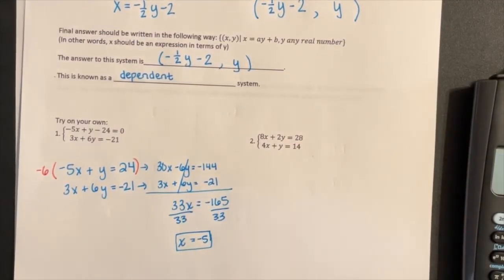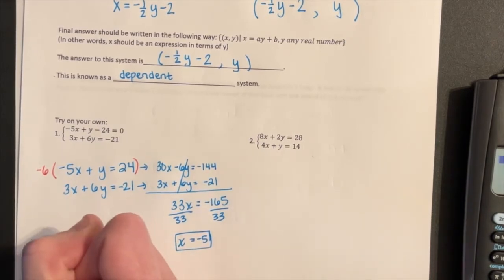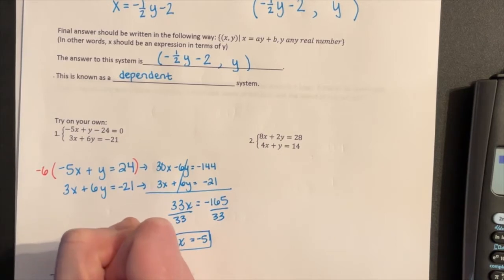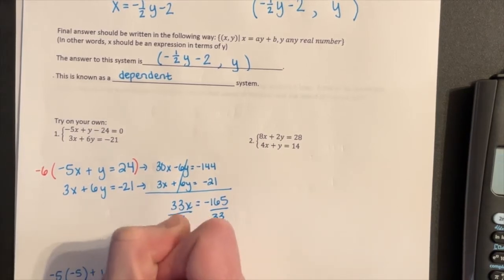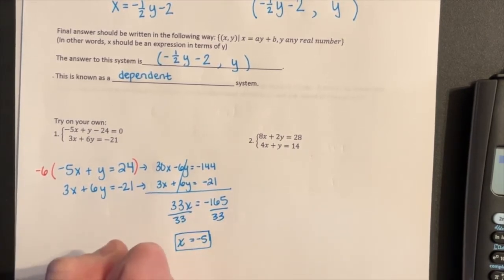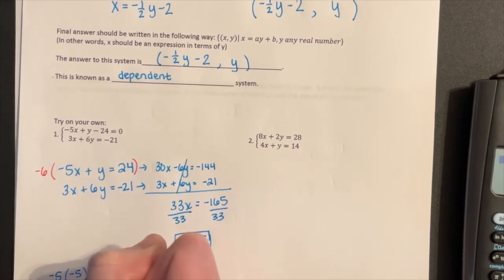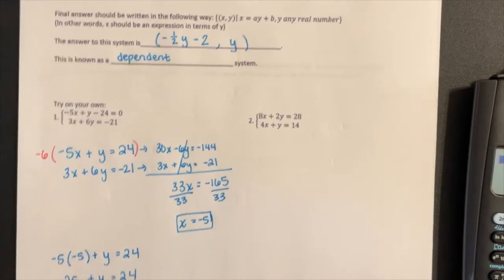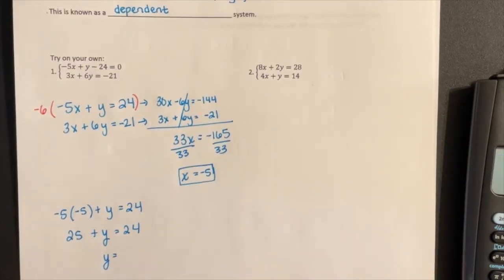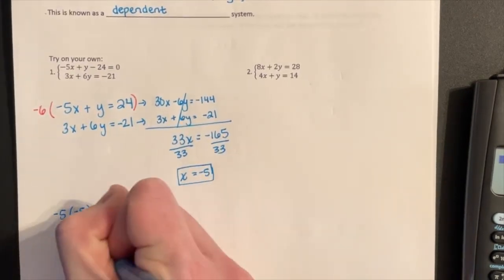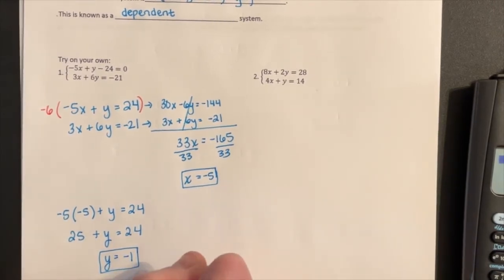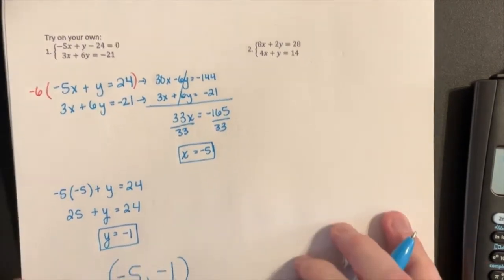Once we know x, we can plug it back in for y. So -5 times x, which is also -5, plus y equals 24. So that's 25 plus y equals 24, and we subtract 25. 24 minus 25 is -1. So our solution here would be -5, -1.